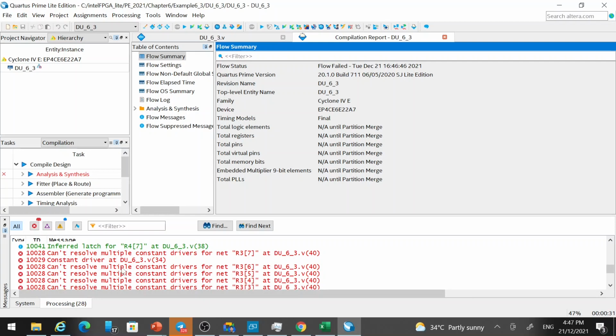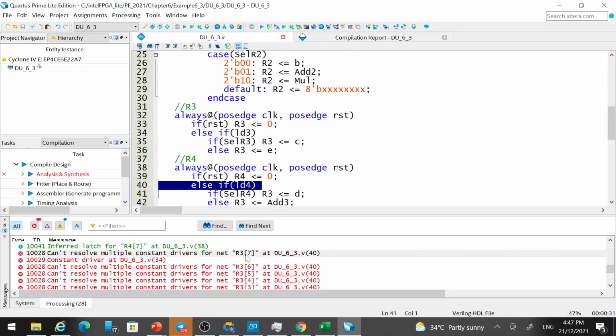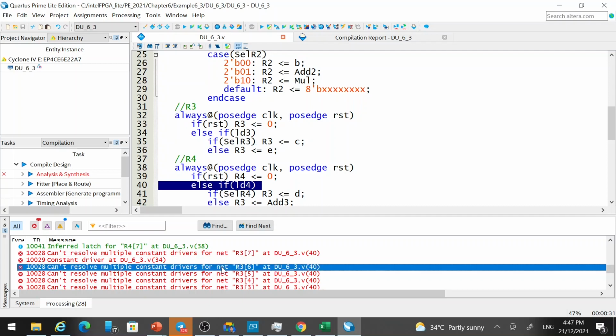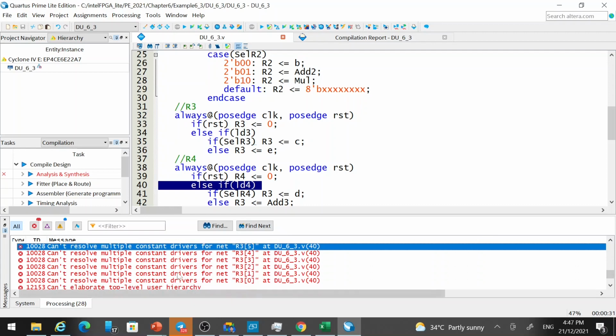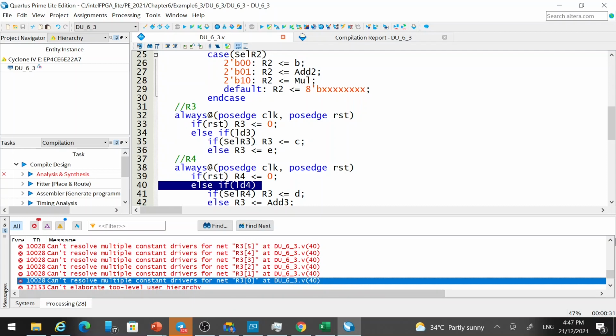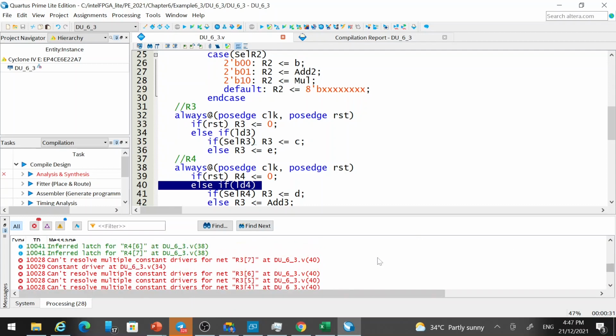It reads: multiple constant drivers for net R3 at DU R3 bit number 7. So look at this. When we click this, it will bring you to the error that you have. In this case, the error is here, because this should be R4, right?